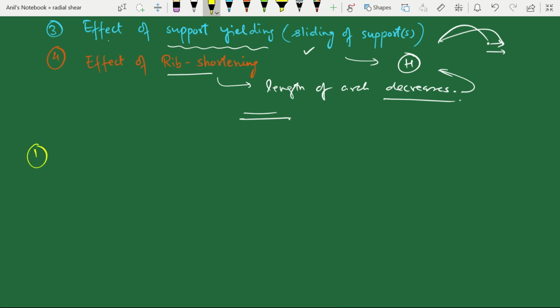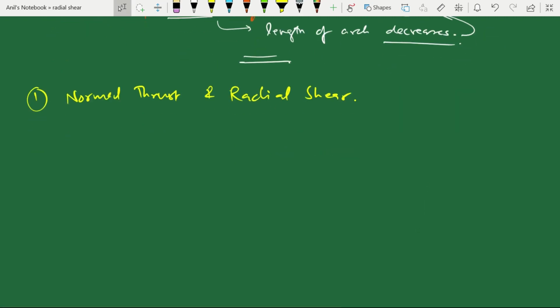First is normal thrust and radial shear. Consider an arch like this. It has some loading on it.